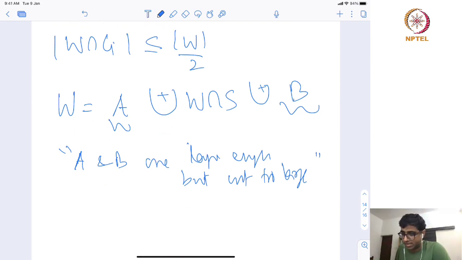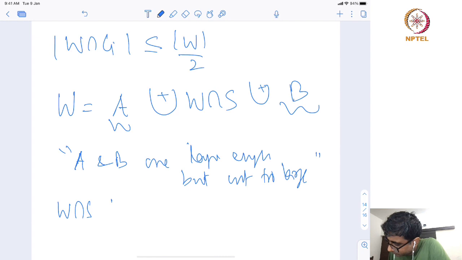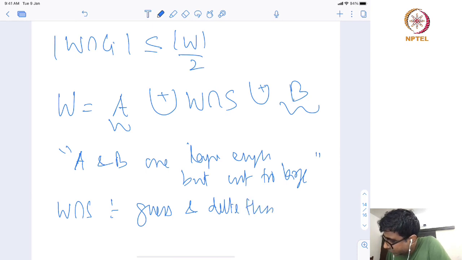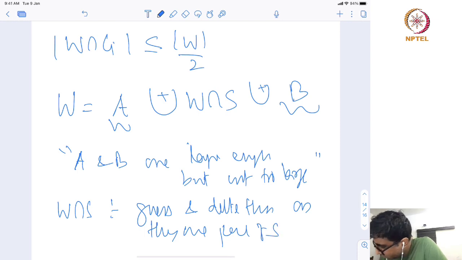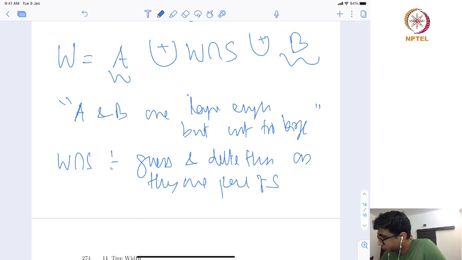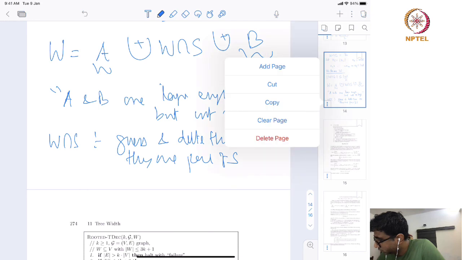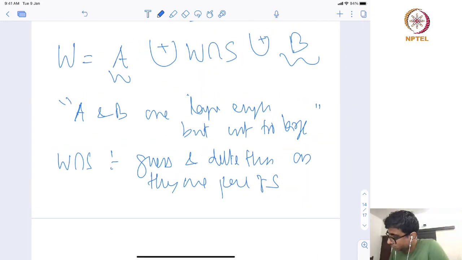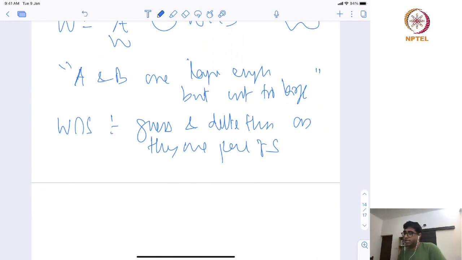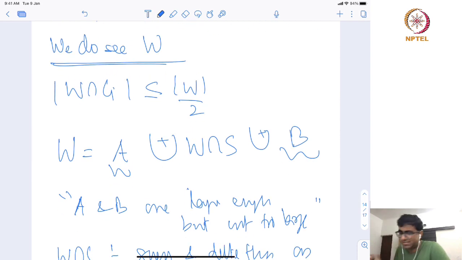Understanding W intersection S is easy. Guess and delete them as they are part of S. That's great. But how do I guess A and B?